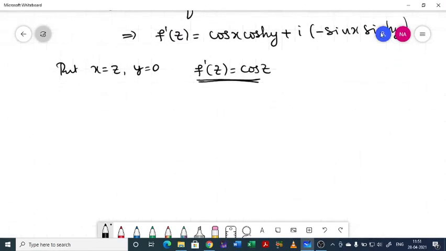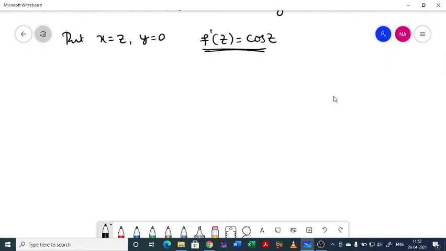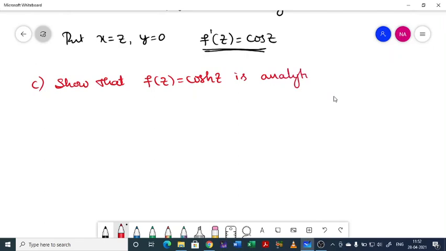So in Cartesian form there is one more problem. See, show that f of z equal to cos hyperbolic z is analytic and find f dash of z.